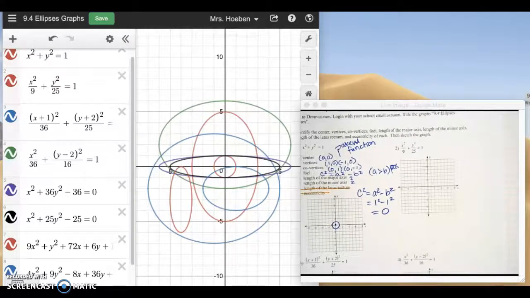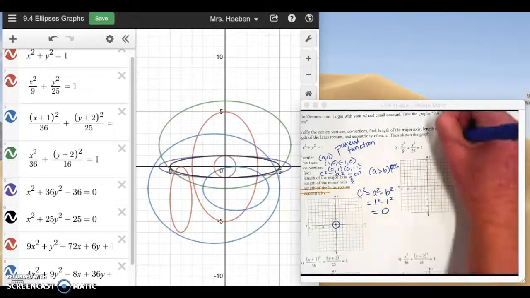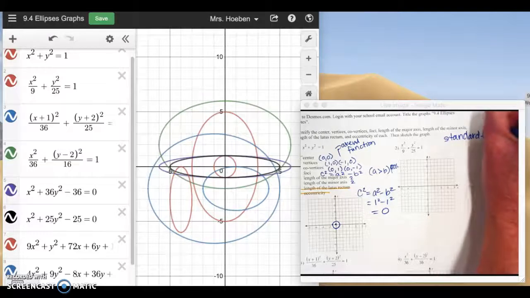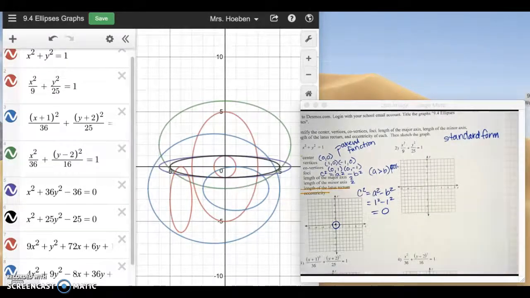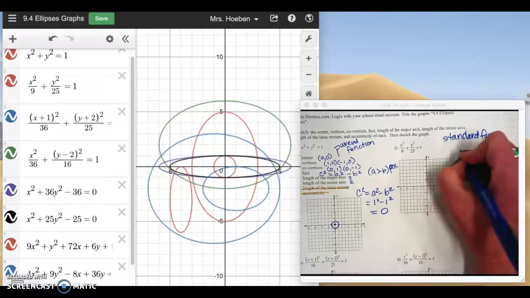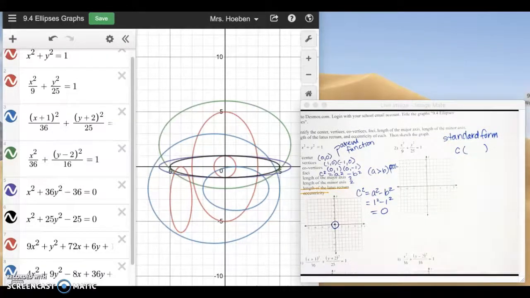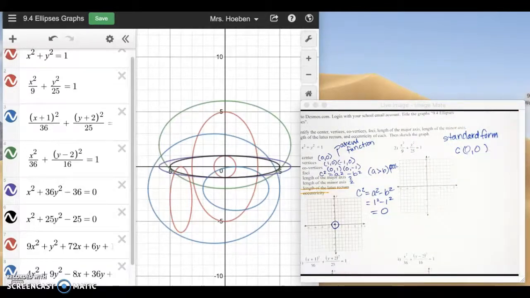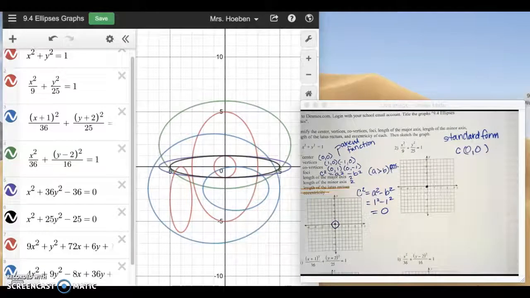On number 2, we're going to call this standard form. When you have your equation in standard form, things are going to work out really nicely for you. For instance, your center ends up being where? 0, 0. So you have a center right in the middle, and then you're going to have a stretch and a stretch.